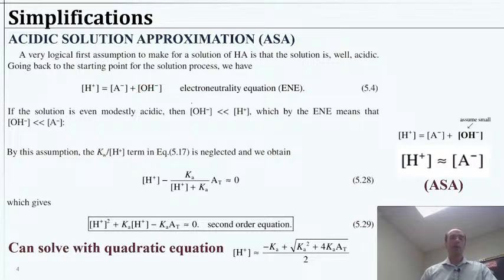That's the point. So when we assume that OH minus is small, we say that H plus is effectively equal to A minus. This is why when we take a very general approach to chemistry, sometimes we say, let's take HCl. We're going to add hydrochloric acid to solution. We add 1 molar.